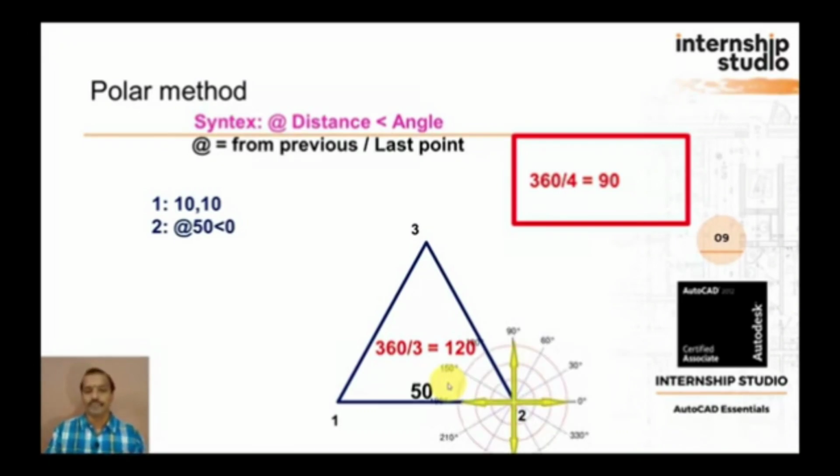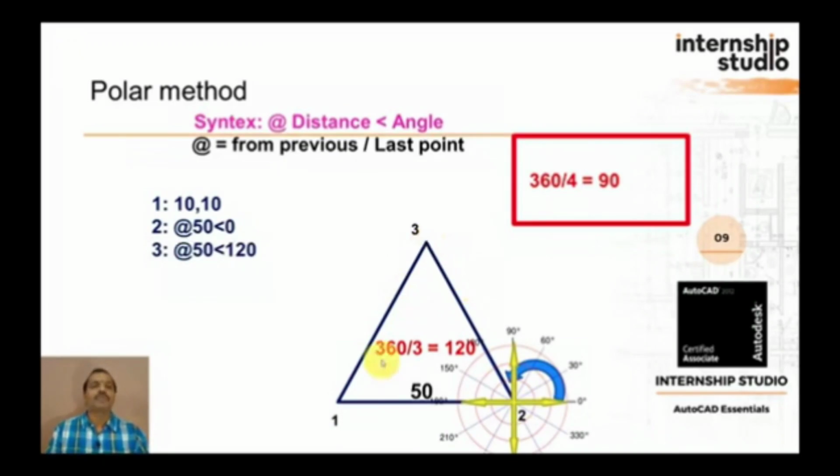You see here. This is 0 degree, 30, 60, this is 90 degree, from here 120. So if you know this is 120 degree, directly we can type. We know the distance, we know the angle, so we can type at the rate of 50 in the direction of 120. So we draw a line 2 to 3.